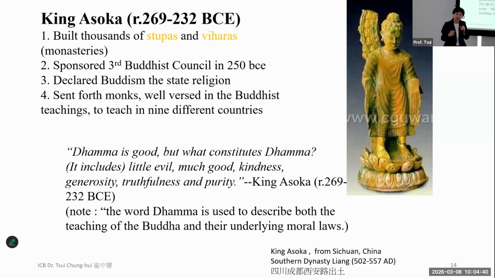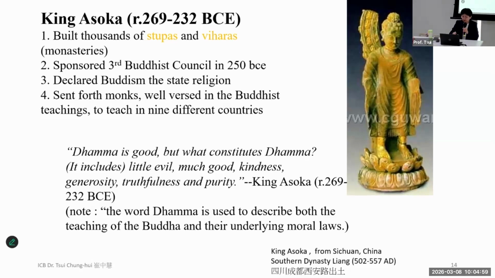The sculpture was made of King Ashoka. Although it was discovered in China, we can see the Gandharan influence even until the early 6th century. This is a very important archaeological discovery in China. And then, the slides cannot move.